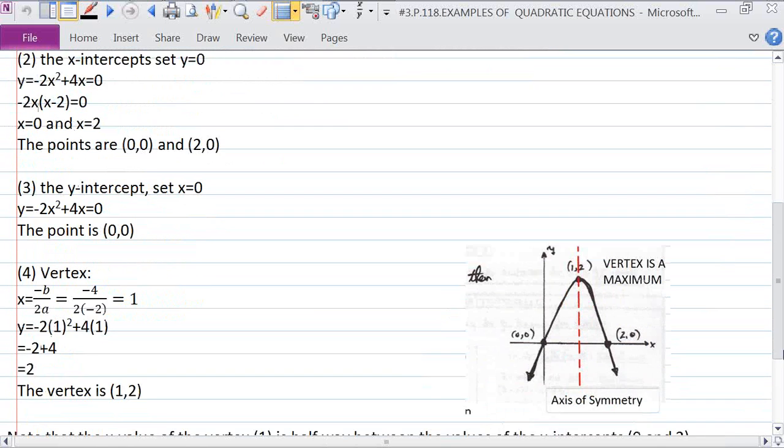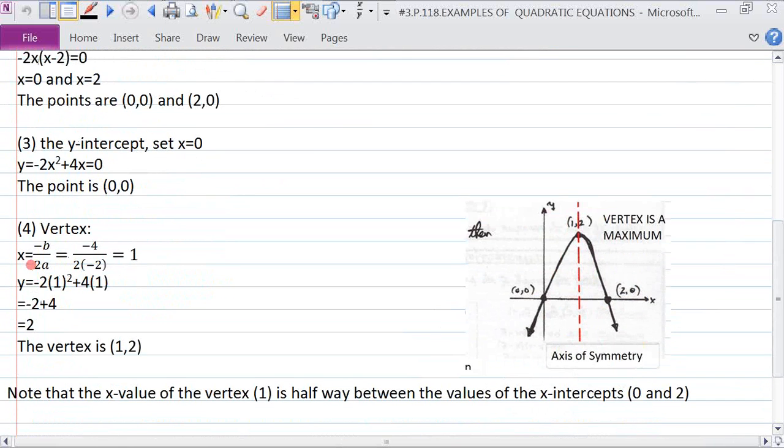So the vertex. In this case, we found the x value of the vertex, minus b over 2a, was equal to 1. We put that into minus 2x squared plus 4x.